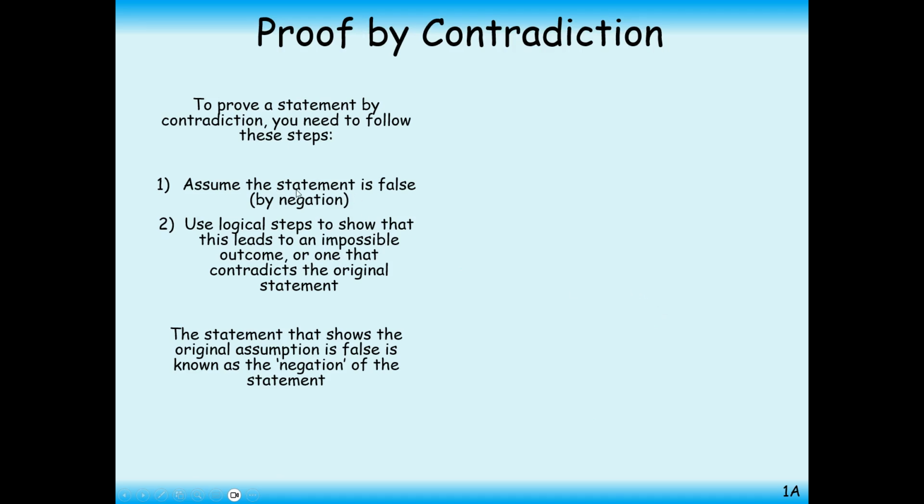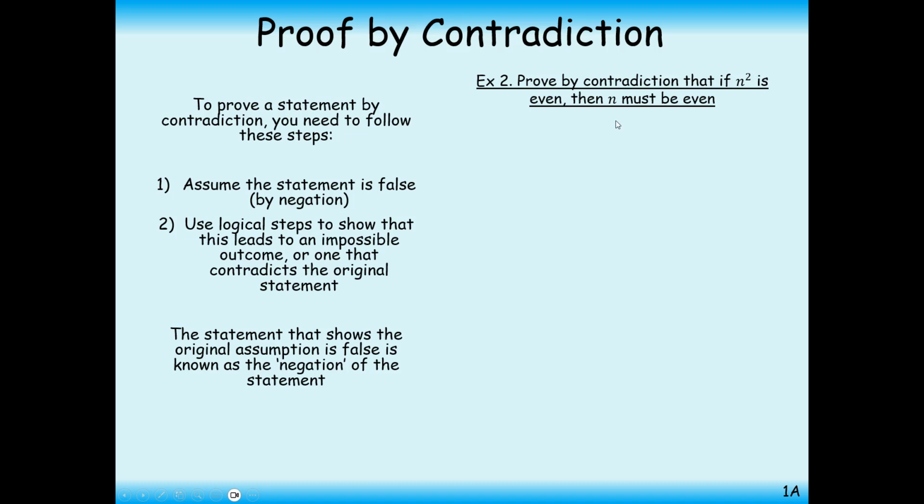We go through the same pattern again and again, and after a few times you should get the hang of what's going to happen. In this example, we've been asked to prove by contradiction that if n squared is an even number, then n must be an even number.